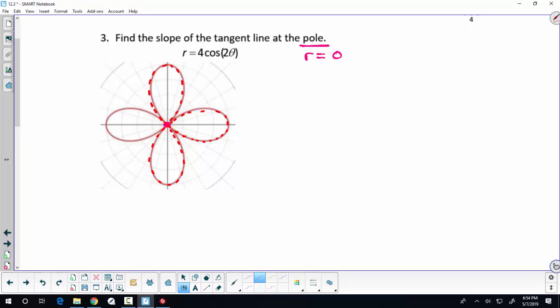There are multiple instances where it does cross the pole, but it's not at all theta values. So we couldn't just wing it and say, well, maybe at pi over 2 it might cross. To create the whole structure, that's a period of 2 pi, right?